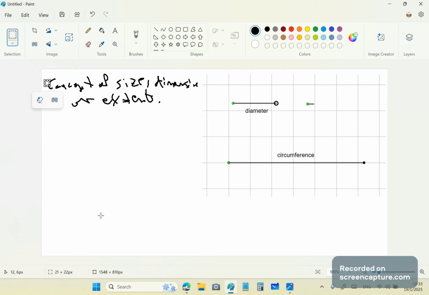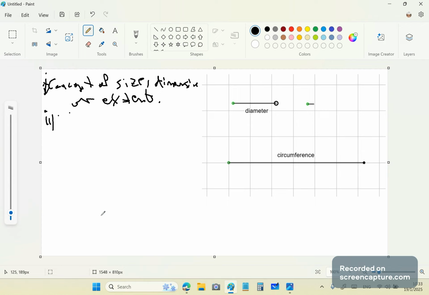One gives you the concept of size, dimension, or extent. Two, definition 2 of Euclid Book 5, tells you that a magnitude which measures another one has a relationship such that the greater one is a multiple.